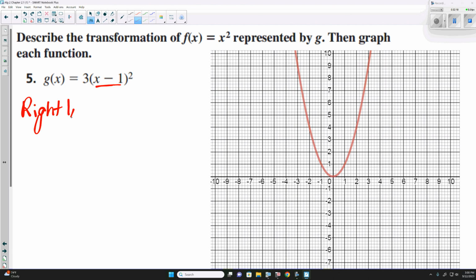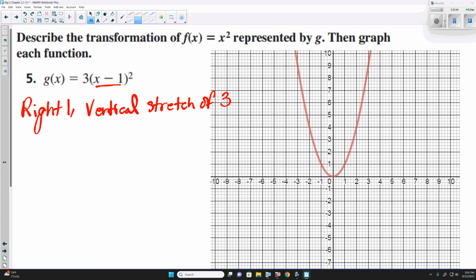Or is it outside? So outside multiplication like that is vertical stretch or shrink. Vertical. Now, since the number is greater than 1, it is a stretch of 3.